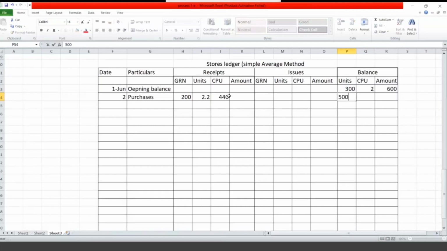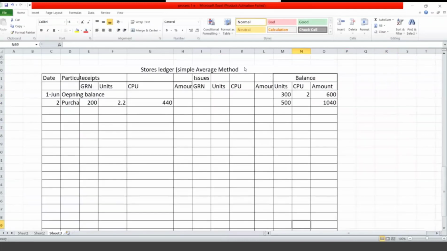Here 440 and here it is 600. So total 1040. I'll mark it here so it will be easier for you to see: 600 plus 440, I got 1040. Okay.